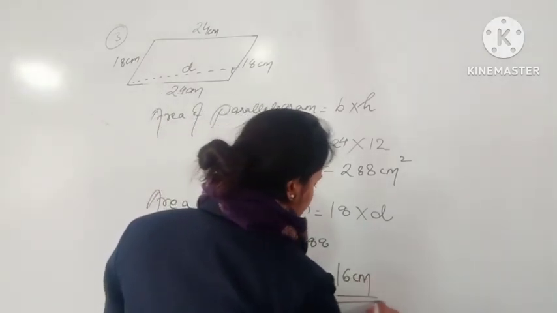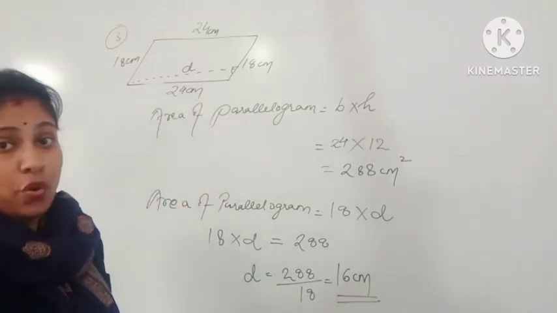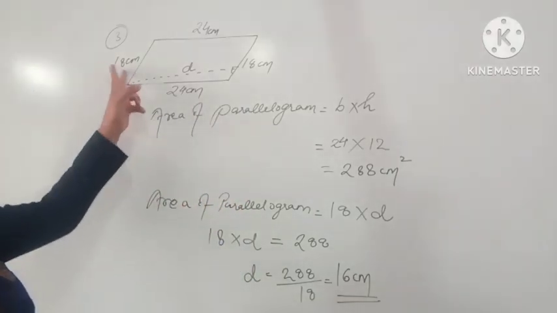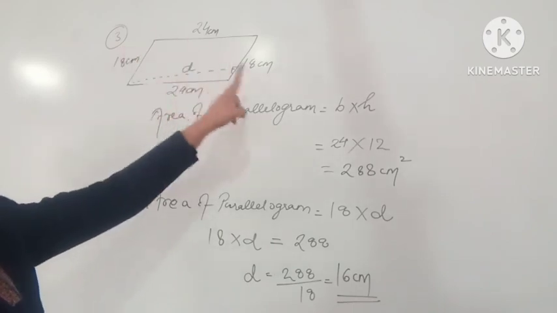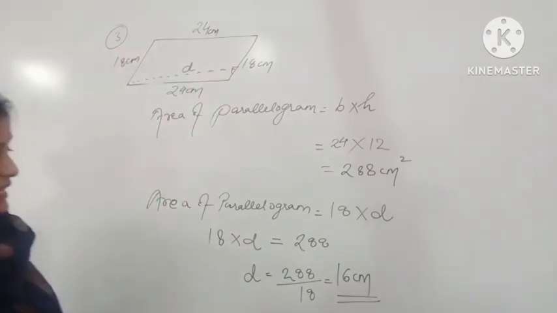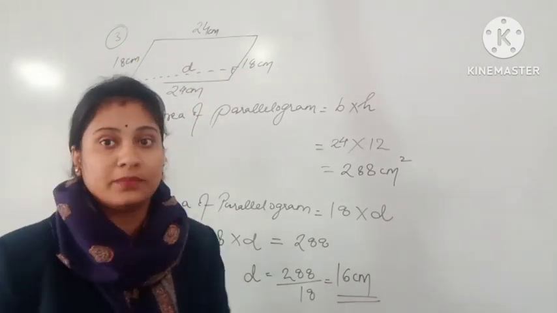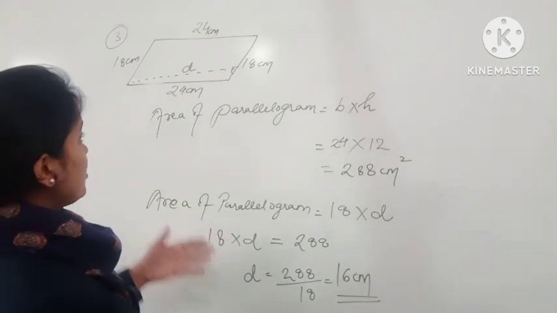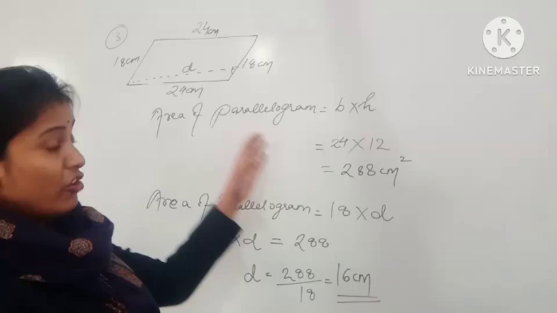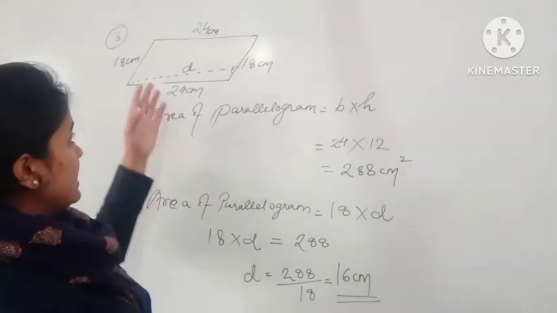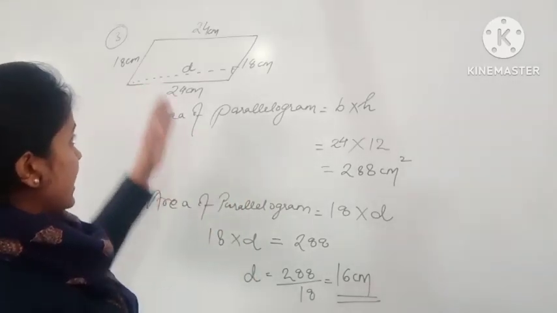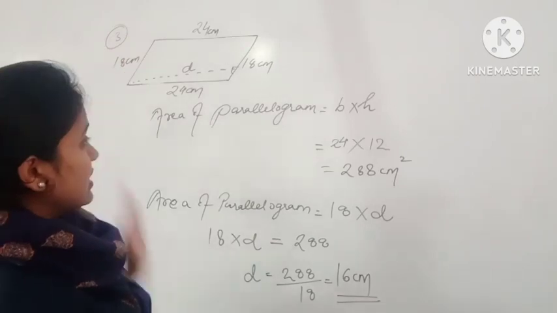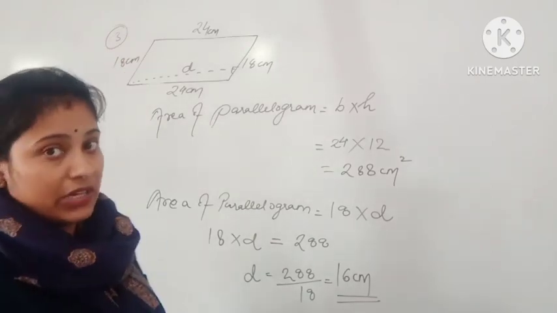So we can say that the distance between these two shorter sides is equal to 16 centimeter. I hope this is clear. First, we took the area of the parallelogram by considering the base as 24 centimeter and the height between the two longer sides as 12, and we calculated the area as 288 centimeter square.